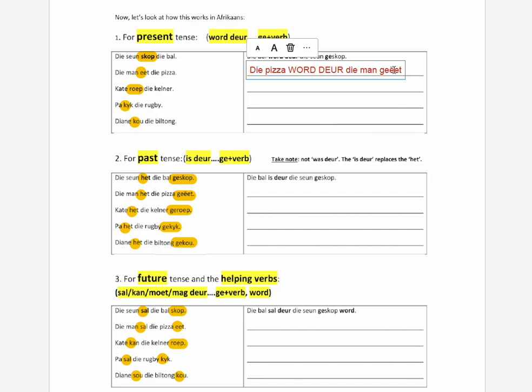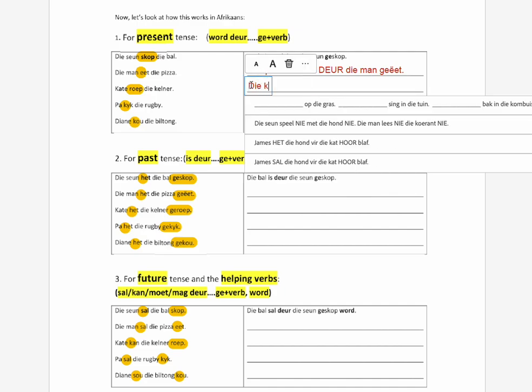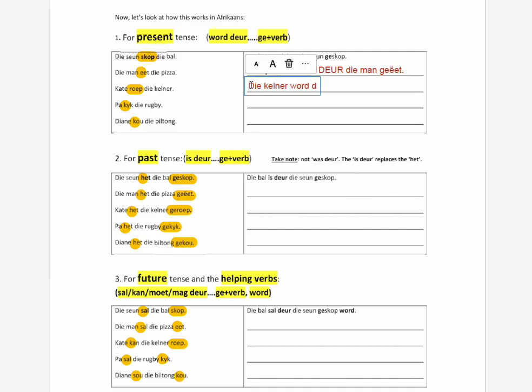Okay, there we go. Kyk roep die kelner. Die kelner word deur kyk geroep. And again, my word and my deur must be there. I didn't put them now in uppercase, but you could see that they have to be there.